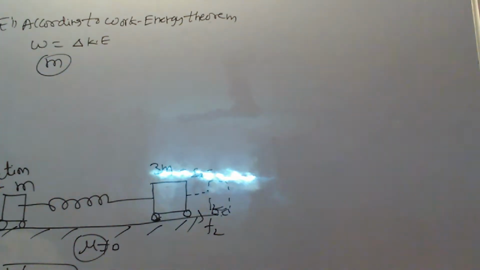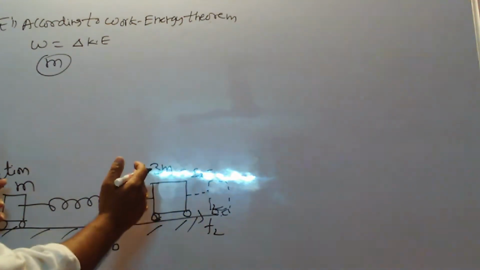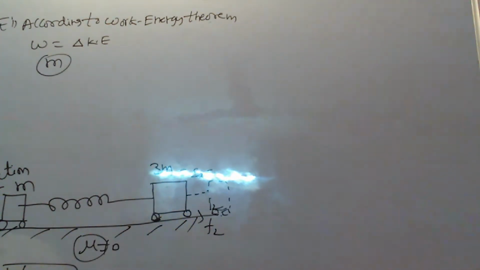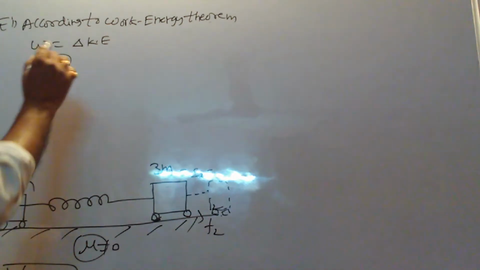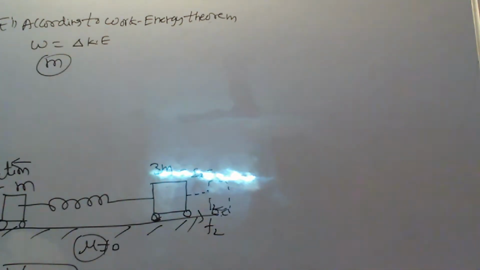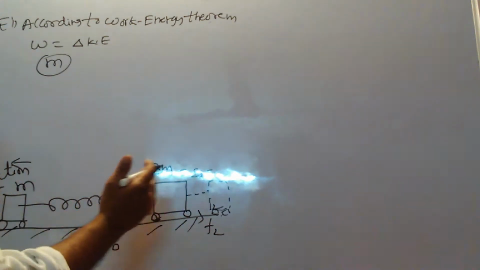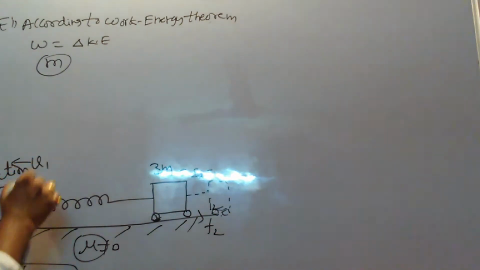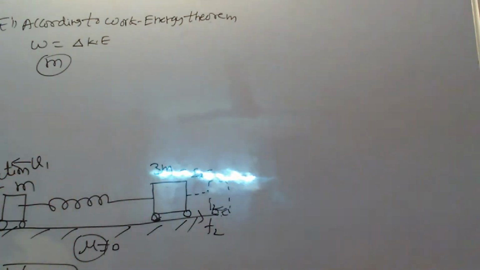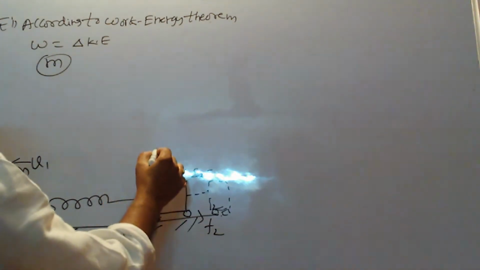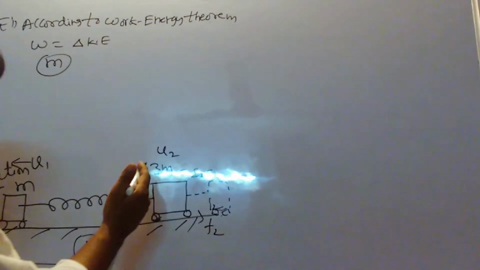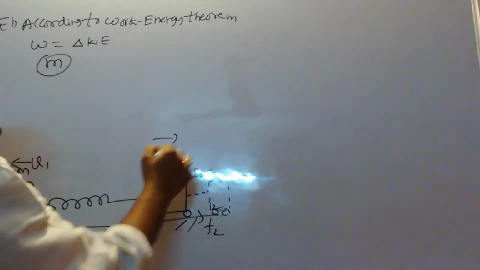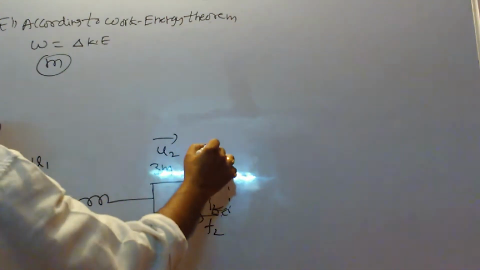After compressing and releasing, it travels some displacement S1. Just after releasing, it moves with some velocity, which I take as u1, and the final velocity becomes 0 because it comes to rest. The same concept applies here: the initial velocity just after releasing is u2, and the final velocity v2 equals 0.